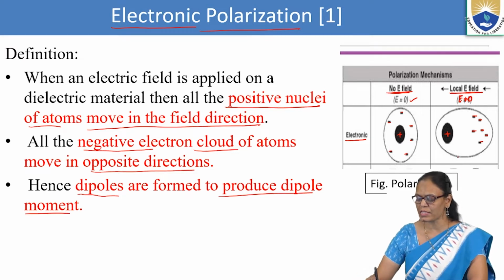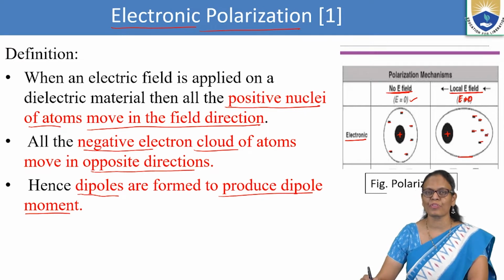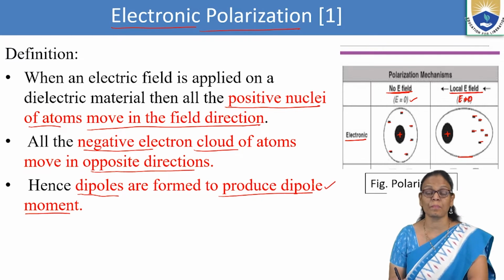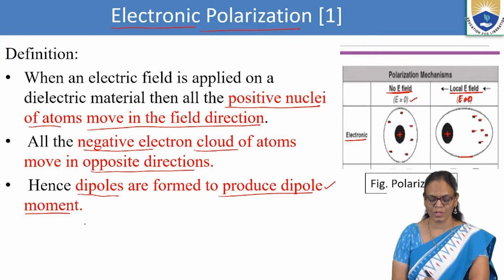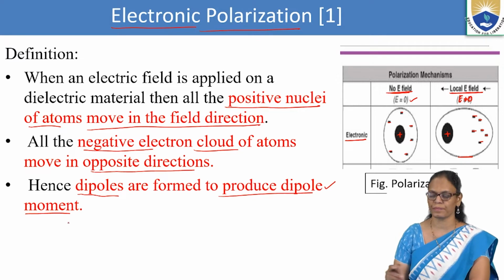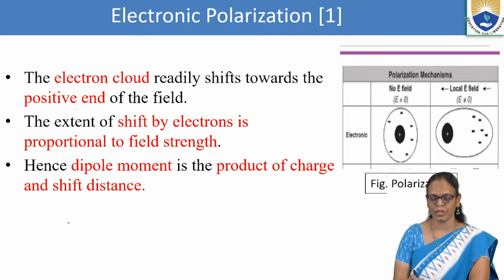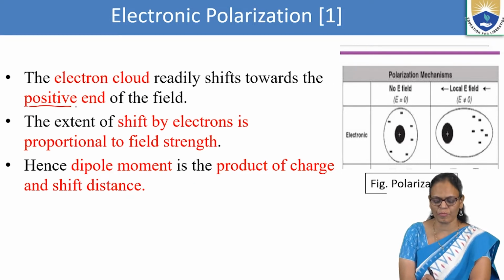When we see a situation like this where the positive and the negative charges are separated by a distance, we see there are dipoles. And whenever there are dipoles separated by a distance, they constitute dipole moment. The electron cloud readily shifts towards the positive end of the field.